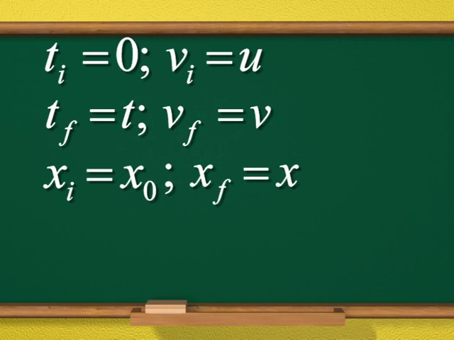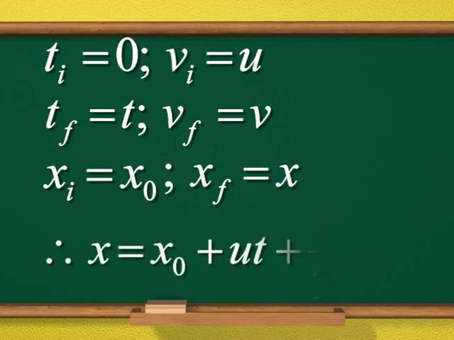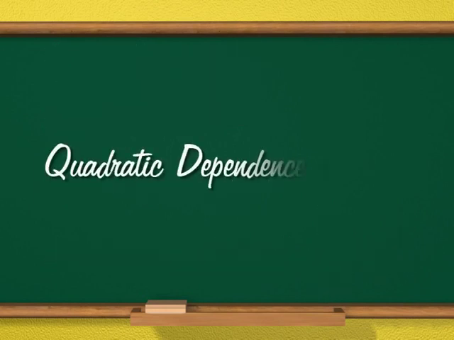We can rewrite the relation as x equal to x0 plus ut plus half at square. This shows that the position of an object at any time t has quadratic dependence on time.